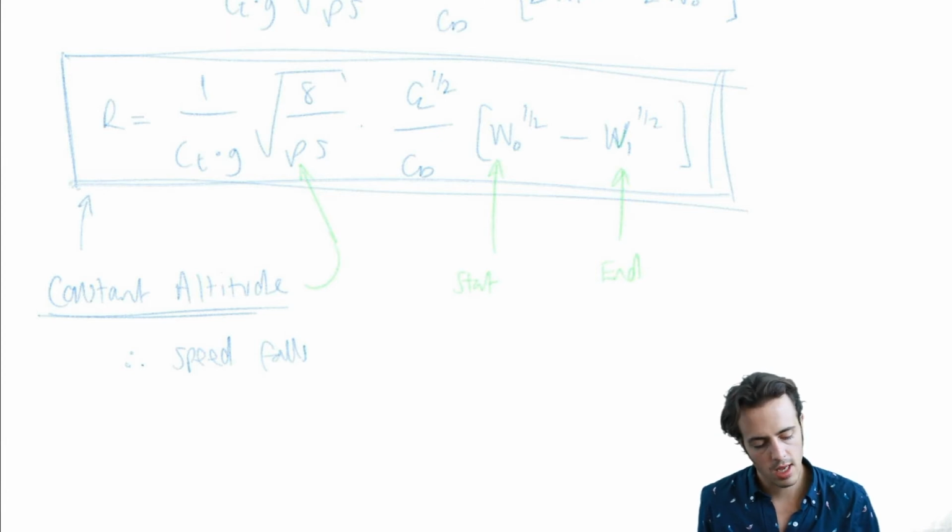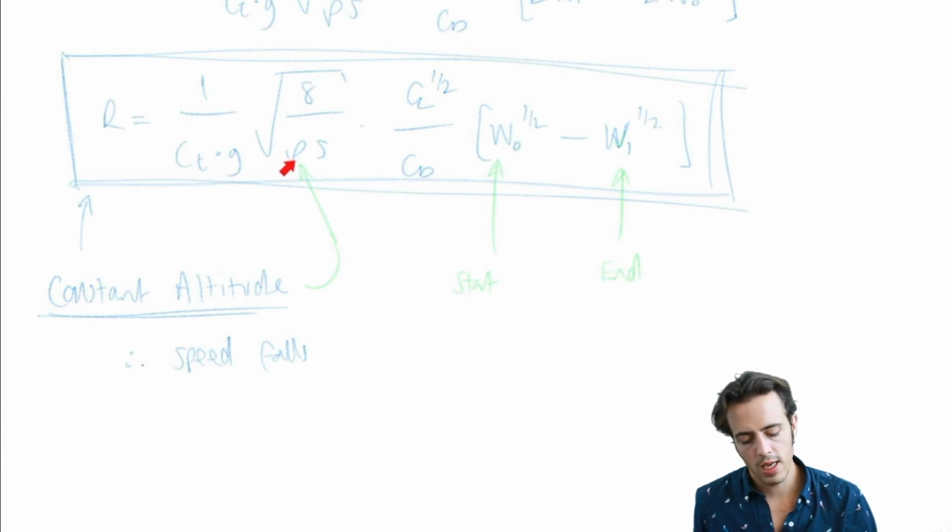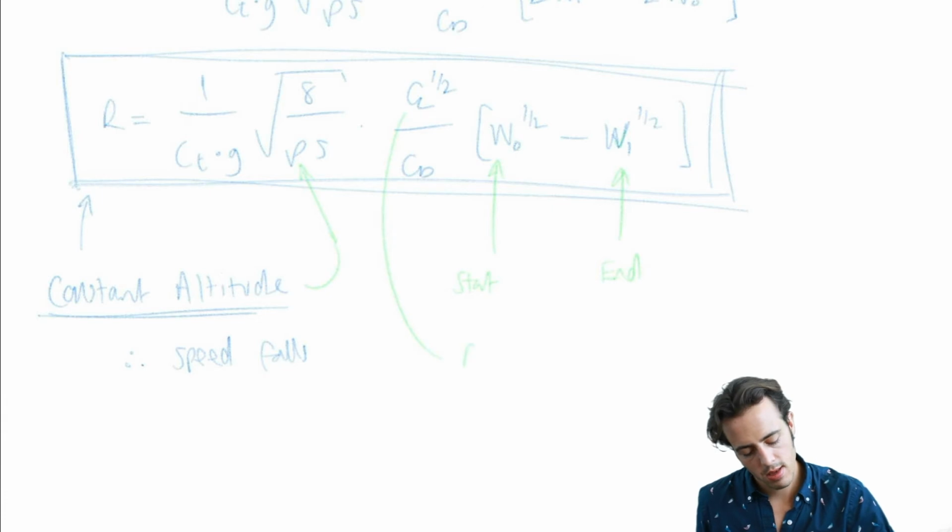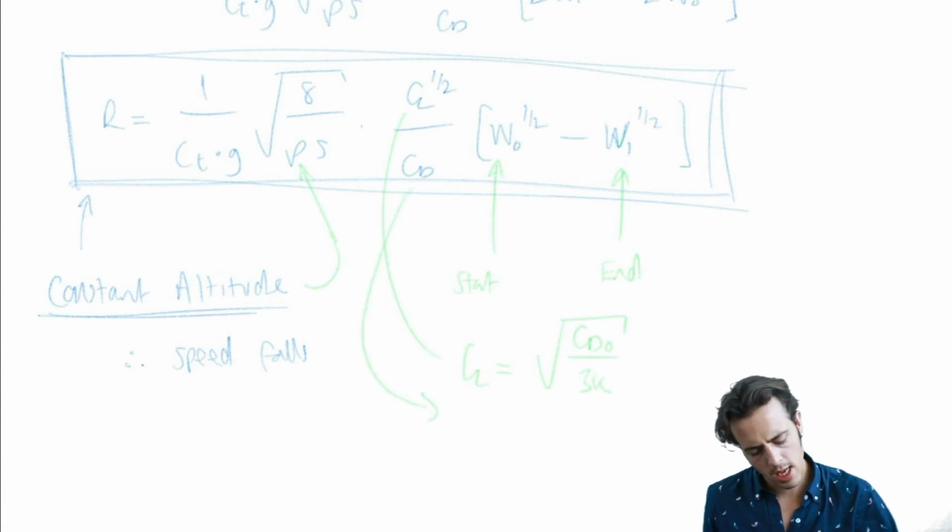So we've got the thrust specific fuel consumption, we've got the acceleration due to gravity, we've got the density at whatever altitude the cruise is occurring at, wing area, CL, which we have said is going to be given by CL is equal to the square root of CD0 on 3K. The drag, well, what's the drag going to be?